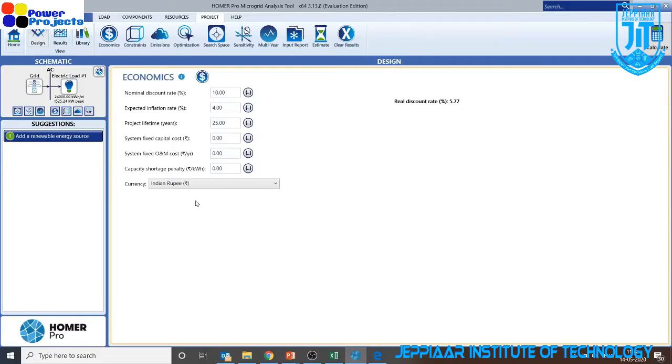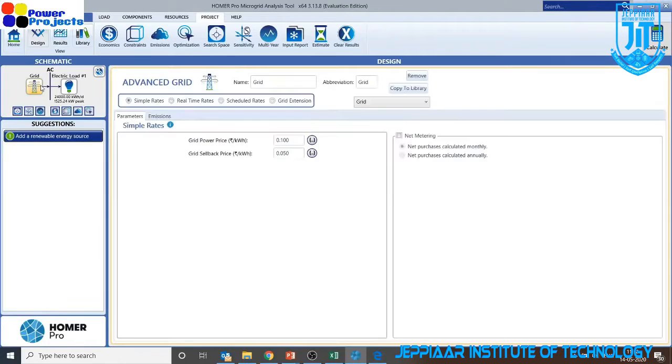So I'm now considering Indian rupee as the currency, a 10% interest rate, and expected inflation of 4%. Then if I come to this grid, it will be in rupees, not in dollars. So I can put the cost at which I am purchasing this energy, and if I have a source, the price at which I am selling the energy back to the grid. These are the two things I can put here.